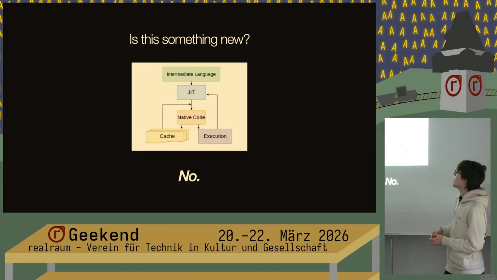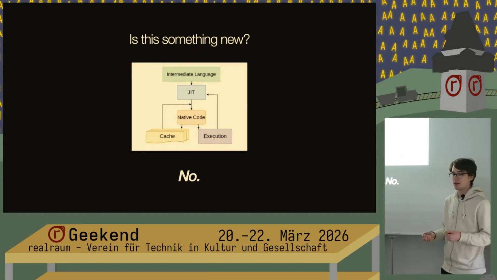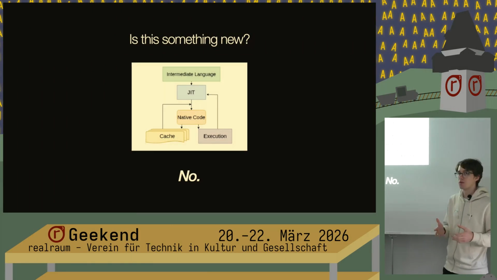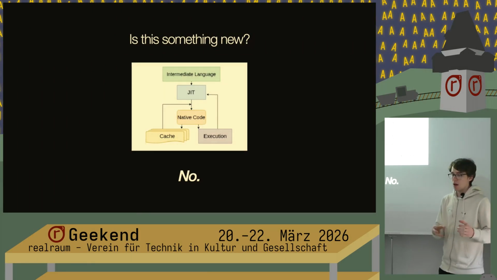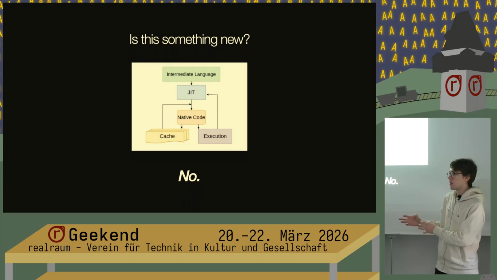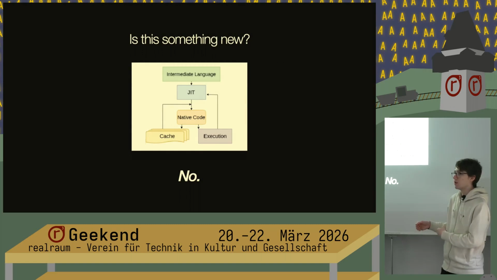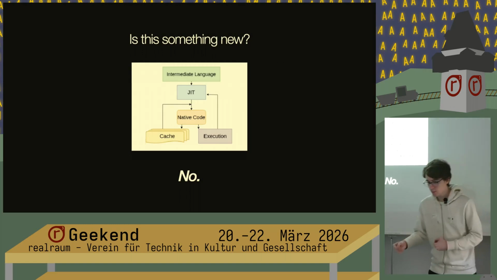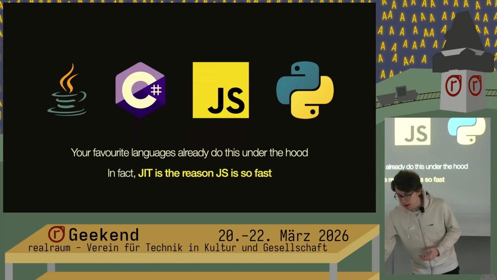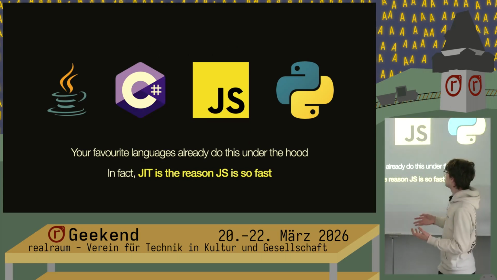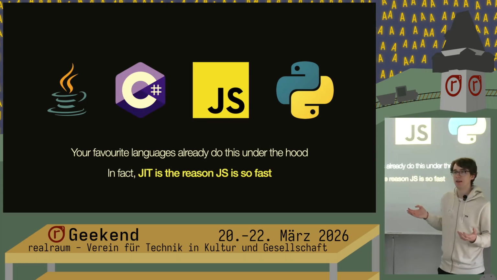It's the generic term that means taking some code that was meant to run on a certain architecture, converting it just in time, at the last possible moment, to the new architecture, and executing it during runtime. And in fact, this is not something new. Probably your favorite programming languages are already using this under the hood.